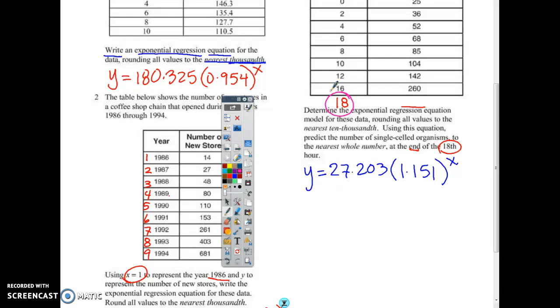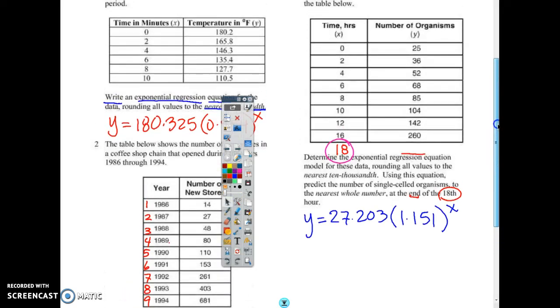How are we going to figure it out? What is hours? What letter are we using for hours? X, right? So this X needs to be 18.